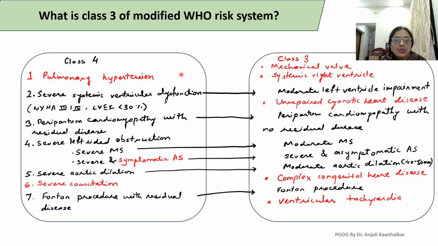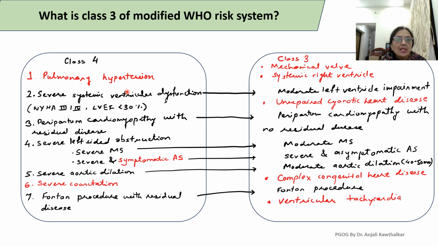In class 4, suppose a lesion is very severe, here the severity will be slightly less. Whatever are in black colors are the similar conditions which are present in class 4 as well as class 3, and red are the ones which are not similar with each other.